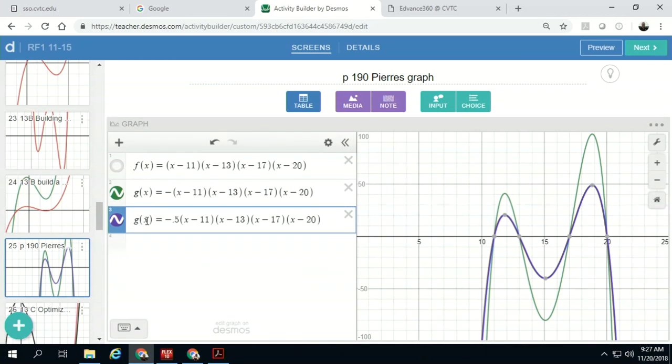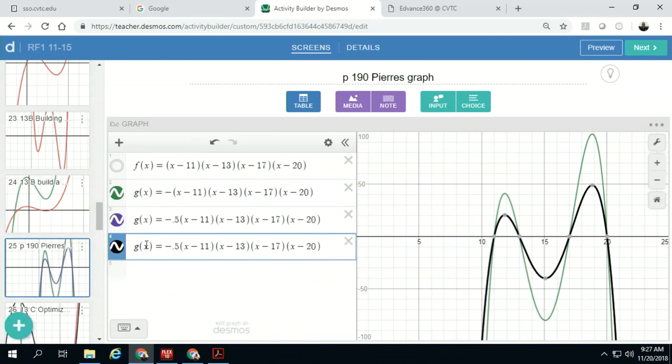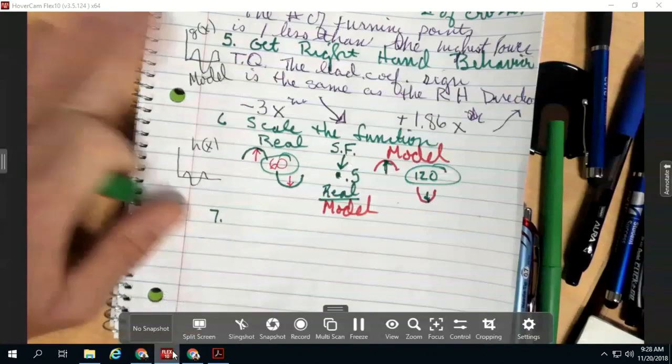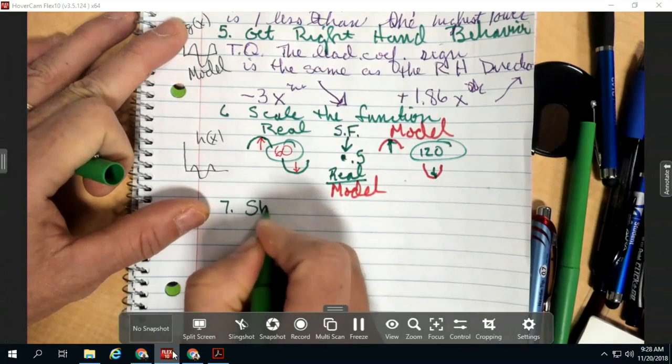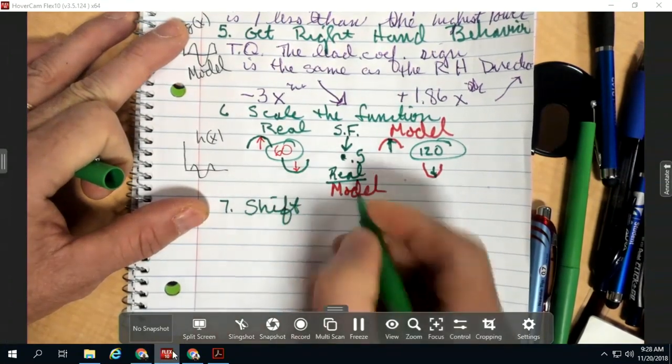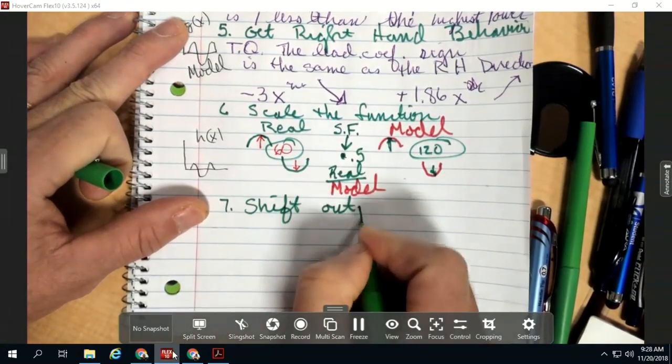Last thing is we have to take our model, step 7, shift the output.